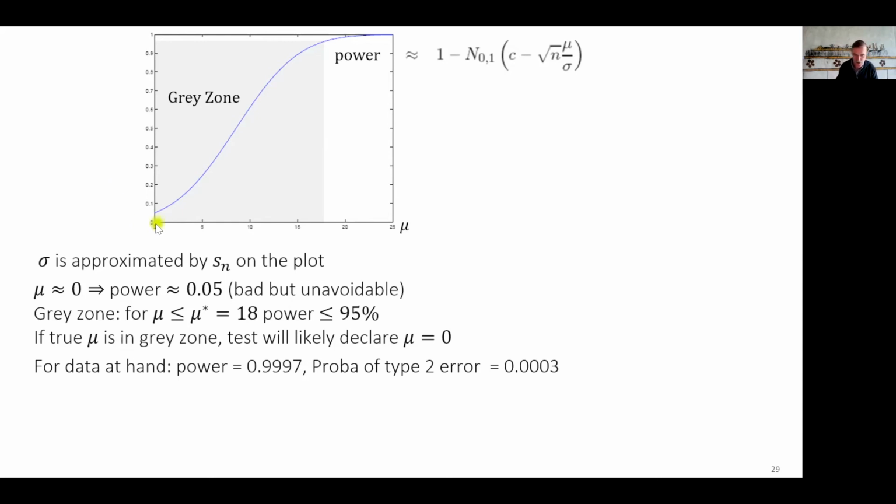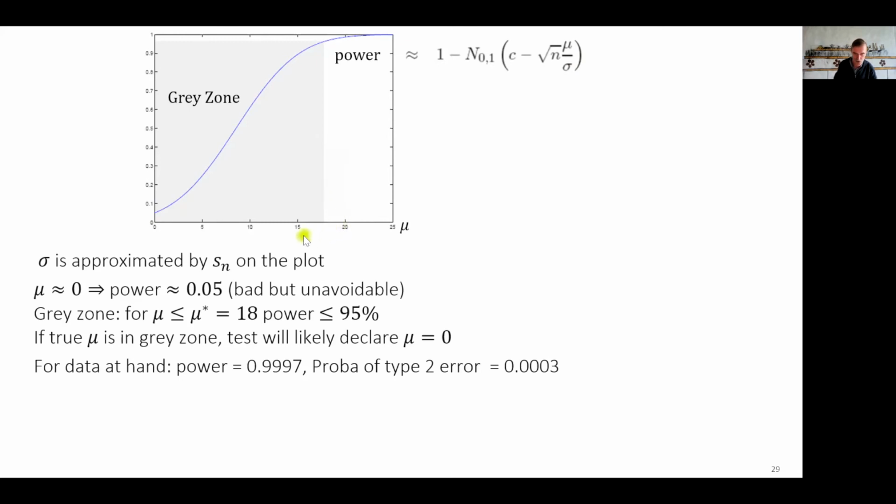If we plot versus mu, we see that there is a gray zone. There's an entire region where the power is less than 95%. So if I want a test that is balanced, ideally, I would like the power to be at least 95% when the size is 5% here, so that both error probabilities are 5%. But for this nested model with continuous parameters, it's not possible.